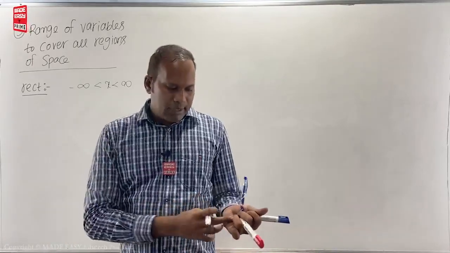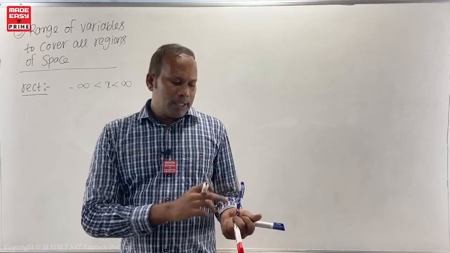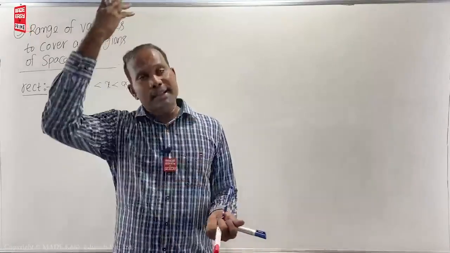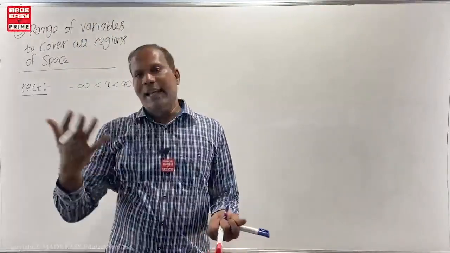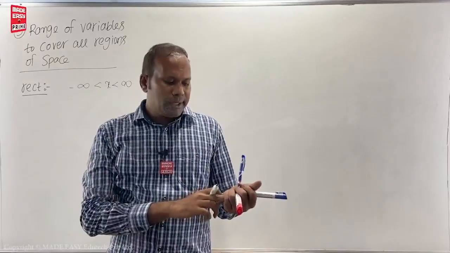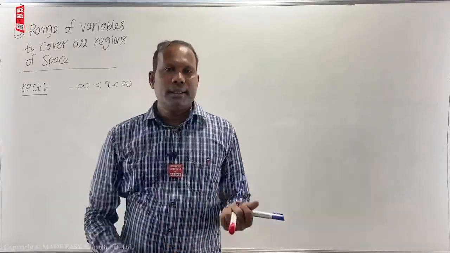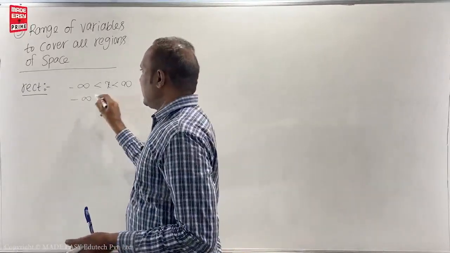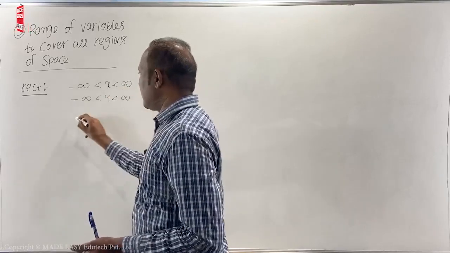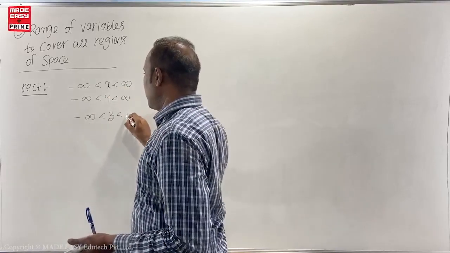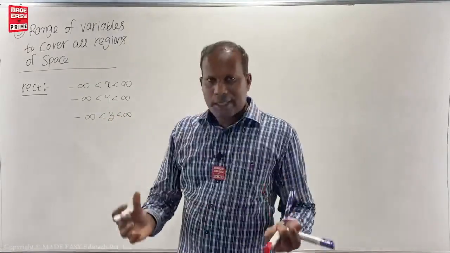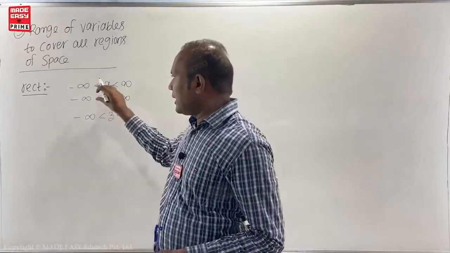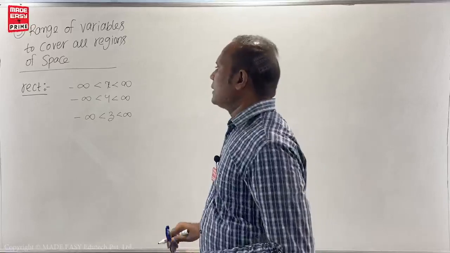Similarly, z 0 to infinity means positive height is covered in the universe up to infinity distance. And we don't know where that ends. It keeps going, it will never end. Similarly, z 0 to minus infinity means bottom side, that is a negative height of the universe. So if you take x, y, z from minus infinity to plus infinity, then all the locations in the universe are covered. That is the range of these three parameters in rectangular coordinate system.